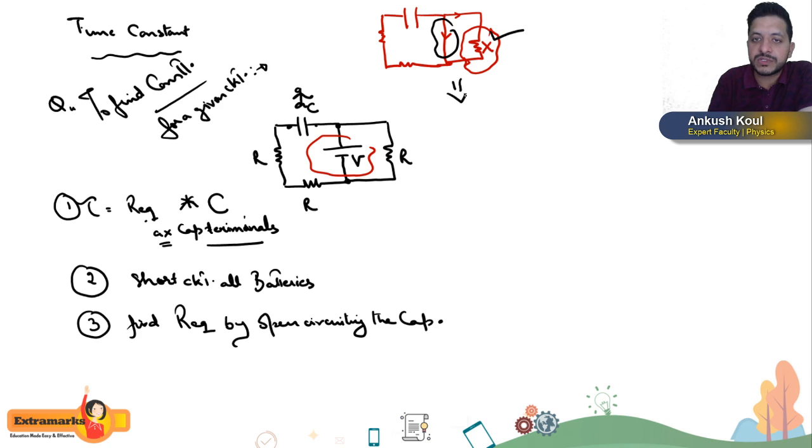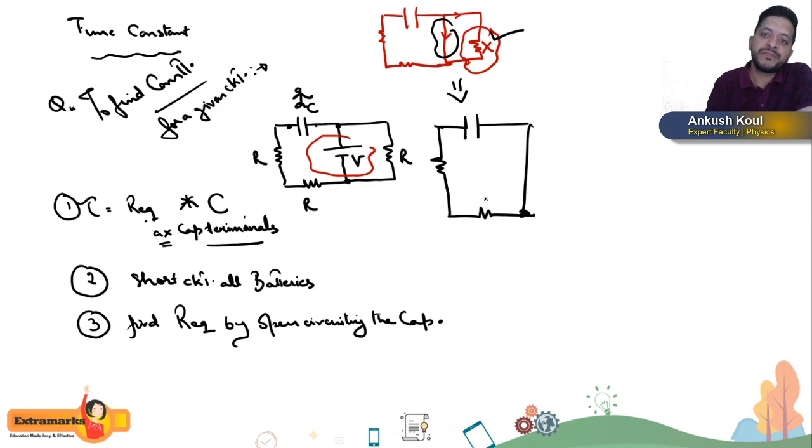So then it reduces to something like this. And here we go. This is your C, this is R, this is R. What is the next step? Find R equivalent by open circuiting the capacitor. So my next step is I will open circuit this capacitor.